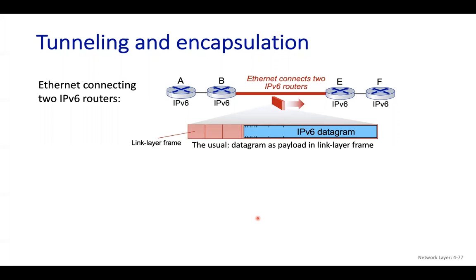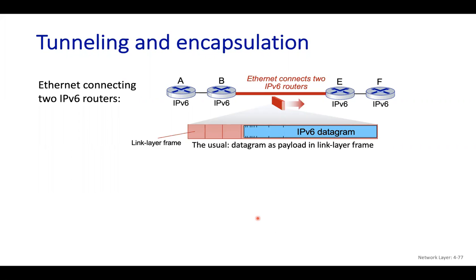That's the question, right? Even if you can guarantee your institution, your company, your home are using IPv6, you cannot guarantee the other routers are IPv6, right? So that's the question.